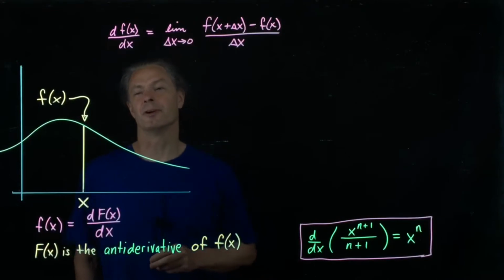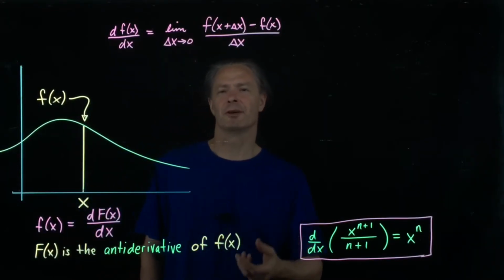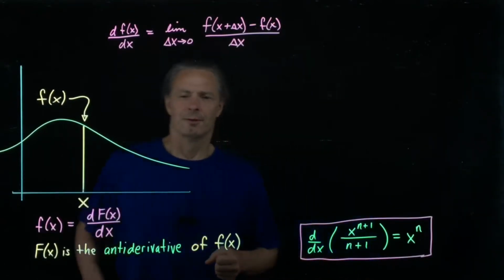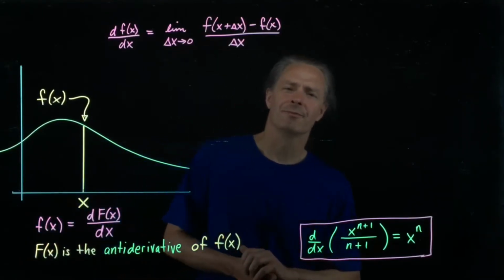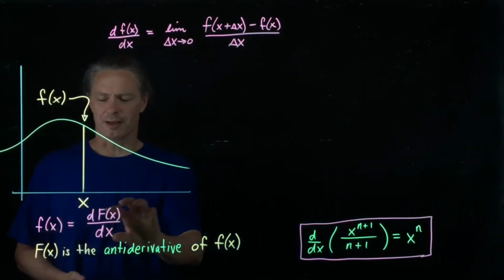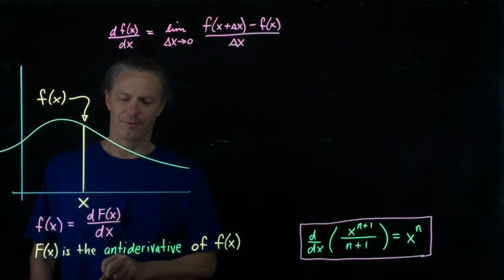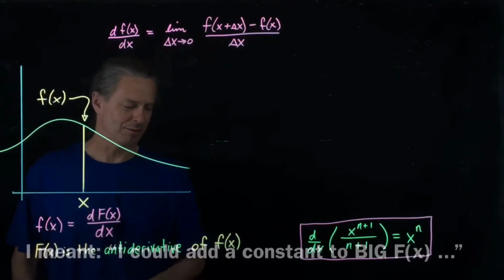Before I continue, I need to make one more really important point. Antiderivatives are only defined up to an arbitrary constant. Remember, the derivative of a constant is 0. So if I go back here to my original expression defining the antiderivative, I could add a constant to F of x, and it wouldn't change this at all.